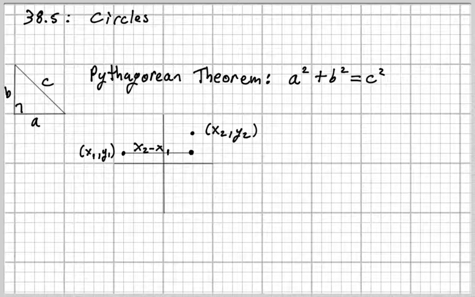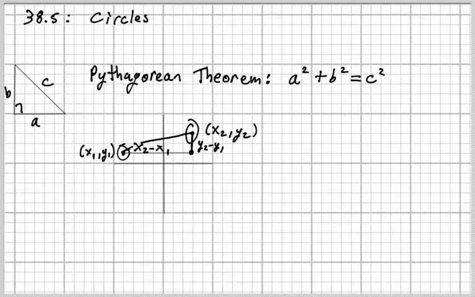In a similar fashion, we'll find the length of the height, and we'll call that y2 minus y1. We'll connect the 2 points, and the length of that line segment connecting those 2 points is going to be the distance.